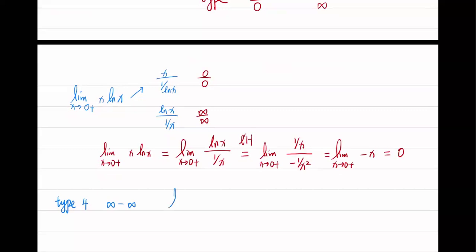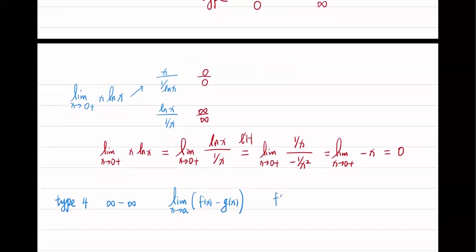That means we're looking for this limit. So we want to find the limit when both f and g go to infinity. We want to know which one goes to infinity faster, or are they comparable?